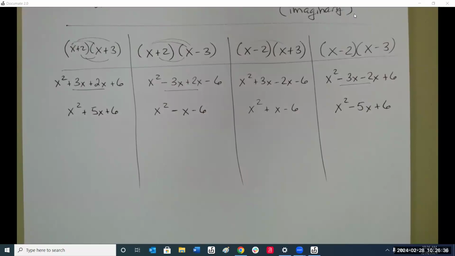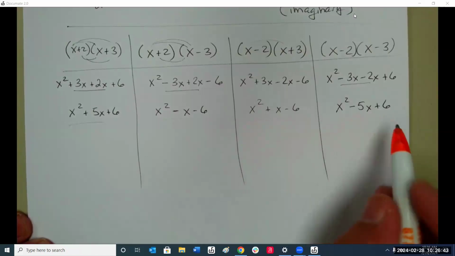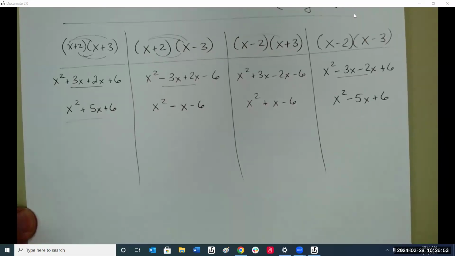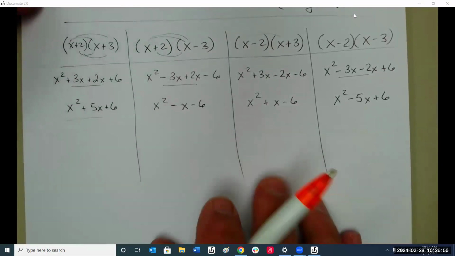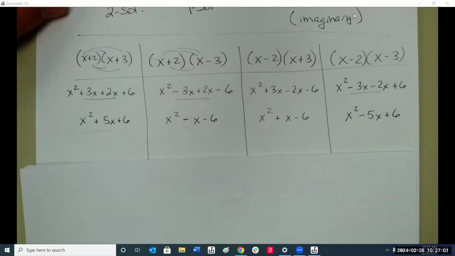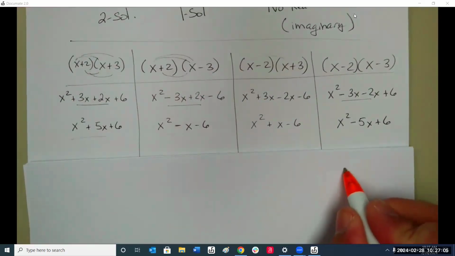Now we have to go backwards. I'm going to give you equations like these. You have to tell me what they break down into. And it's easier than you think. Trust me. So for example, I'm going to do an example here. And here are the steps.